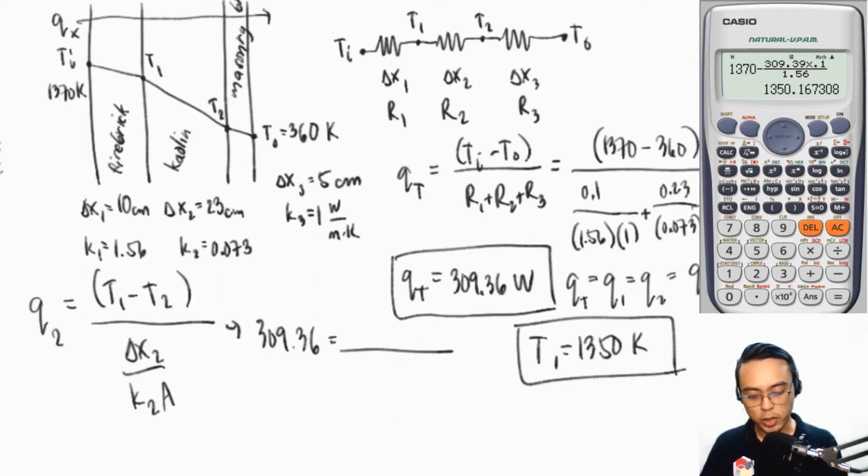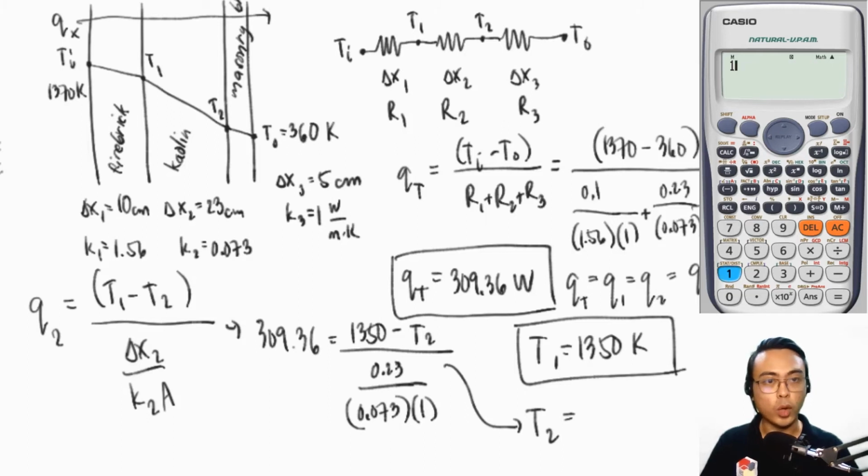T1, which we have already solved, is 1350 Kelvin minus T2, which we are trying to solve, over delta X2, 0.23, over K2. K2 is 0.073 times area is 1. We can now solve for T2 is 1350 minus 309.36 times 0.23 divided by 0.073 times 1. Our T2 is 375 Kelvin.